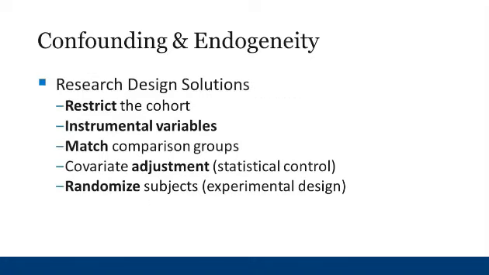So some of the design solutions that you can use to fix confounding and endogeneity are restricting the cohort, instrumental variables, matching comparison groups, which comes with its own set of cautions, and the whole talk could be devoted to matching, covariate adjustment, and then also randomization. And I'm putting this up here.